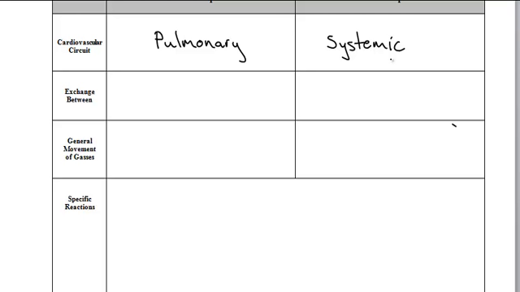In external respiration, the exchange of gases is occurring between the air and blood. And in internal, it's occurring between what and what? You said blood and tissue. You're correct.